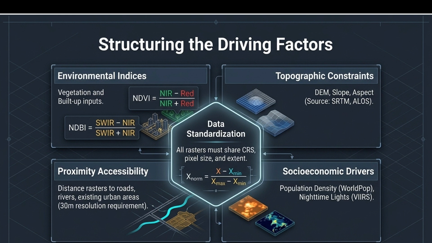And all rasters must share the same CRS, pixel size and extent. Suppose all TIFF files, all GeoTIFF or raster files must keep the same pixel size, same CRS, same extent, everything must be kept the same. Otherwise it creates problems because the geometry does not match.